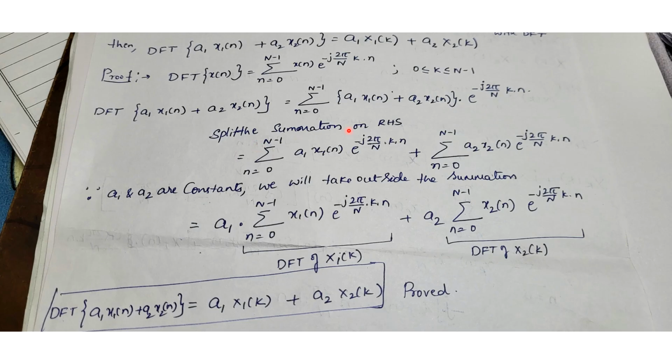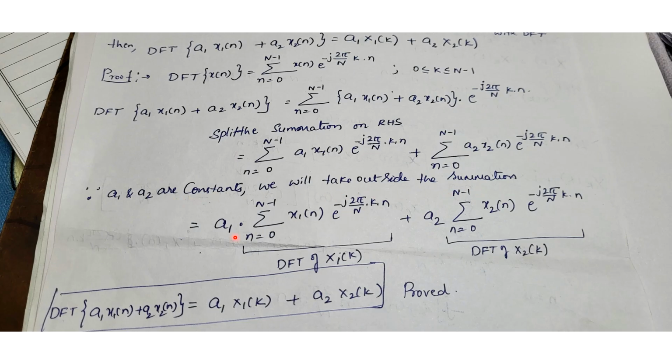Splitting the summation on the right hand side, we get the summation of n equal to 0 to N minus 1 of a1 x1 of n into e to the power of minus j 2 pi by N kn, plus the summation of n equal to 0 to N minus 1 of a2 x2 of n into e to the power of minus j 2 pi by N kn. Since a1 and a2 are constants, we take them outside of the summation.